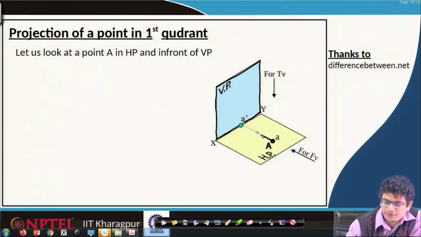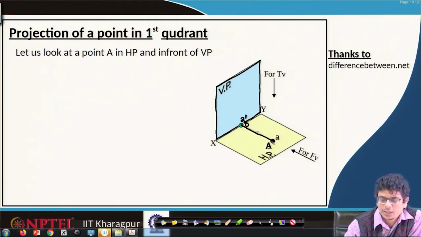So, if we are projecting, the first projection is always onto the vertical plane. It maps to origin O. That is what we call A dash. Now, the projection of A, capital A, onto the horizontal plane gives us this distance.